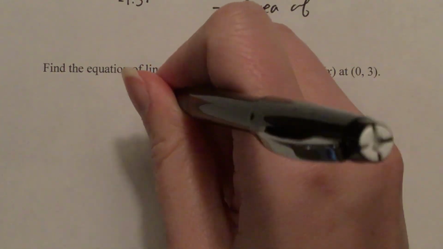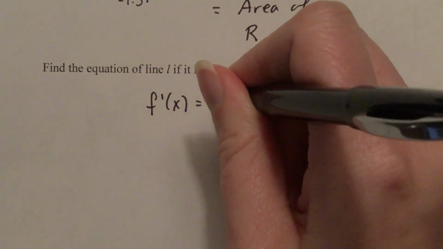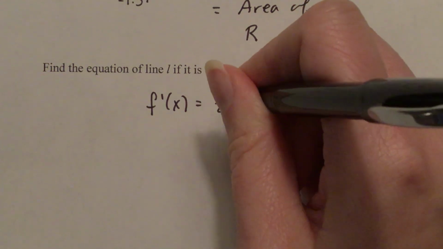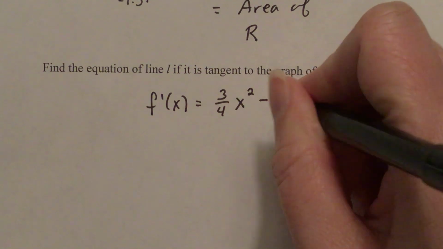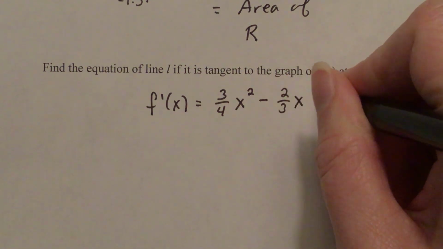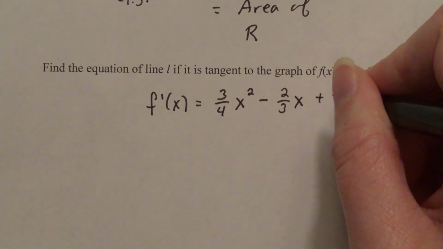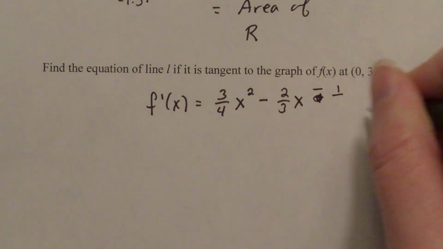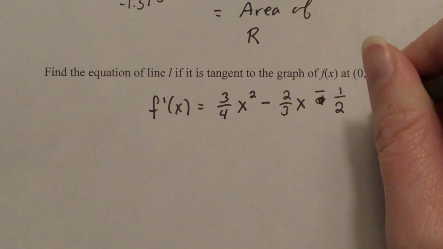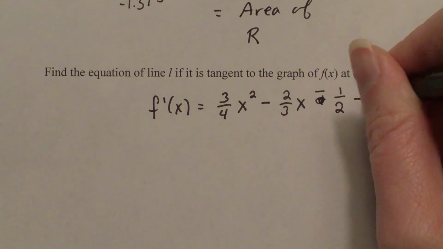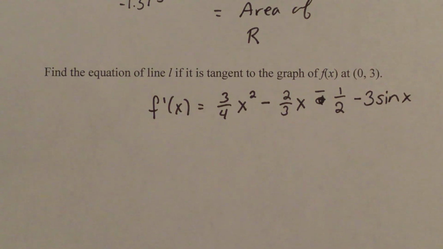So f prime of x equals 3/4 x squared minus 2/3 x minus 1/2. And then derivative of cosine is negative sine. So minus 3 sine of x.